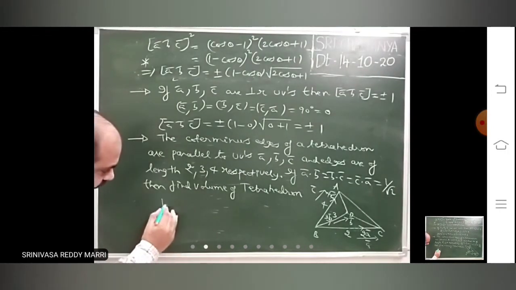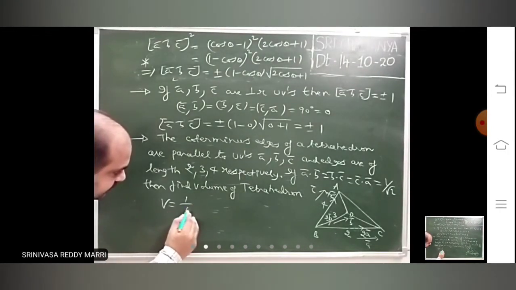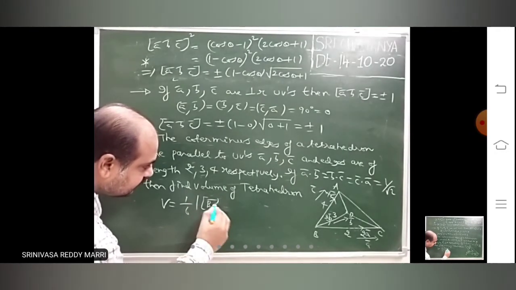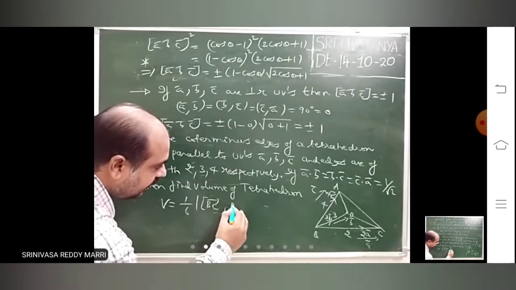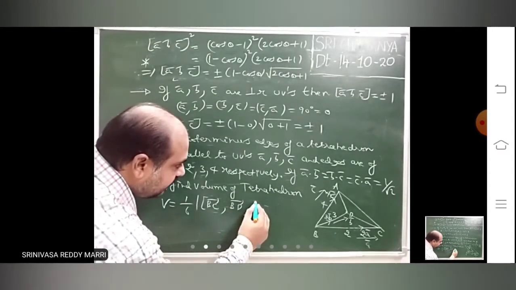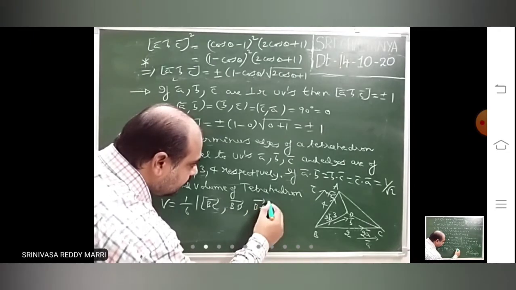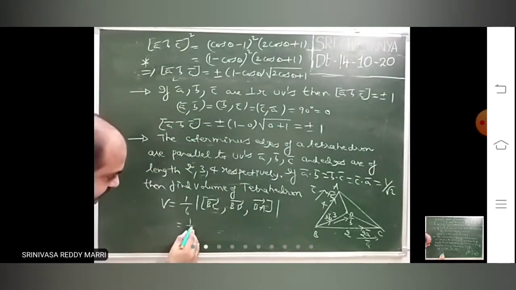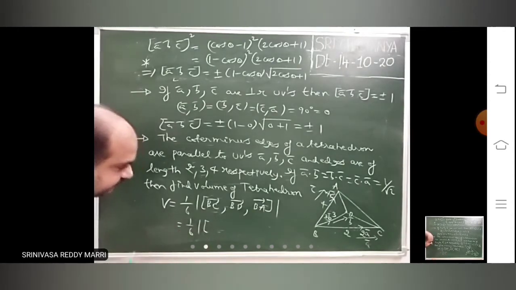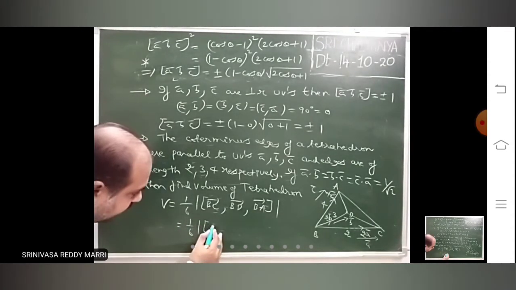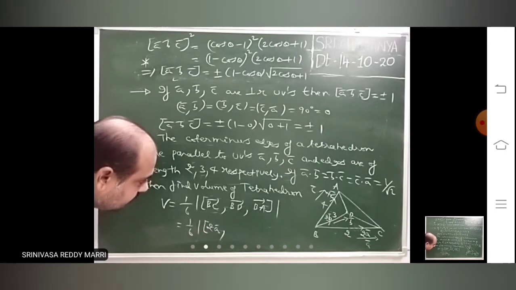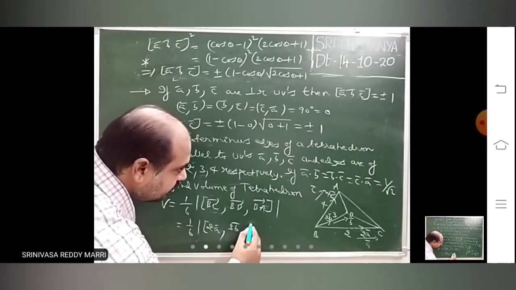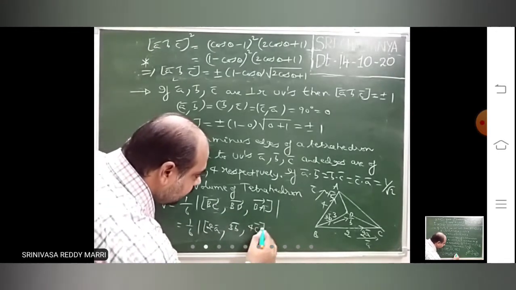Volume V equals 1 by 6 into modulus box of the edges BC bar, BD bar, BA bar, that means 1 by 6 into modulus box of 2A bar, 3B bar, 4C bar.